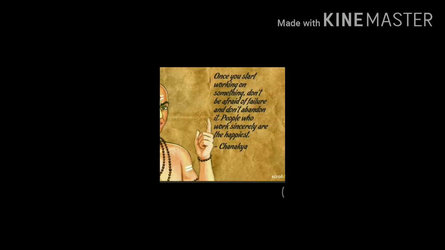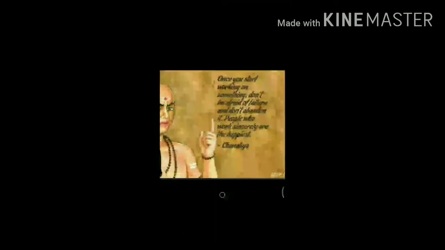Chanakya was also known as Kautilya and Vishnugupta. He was born in 375 before Christ, and he was an Indian teacher, philosopher, and a royal advisor. Initially, he was a professor of economics and political science at ancient Takshashila University.